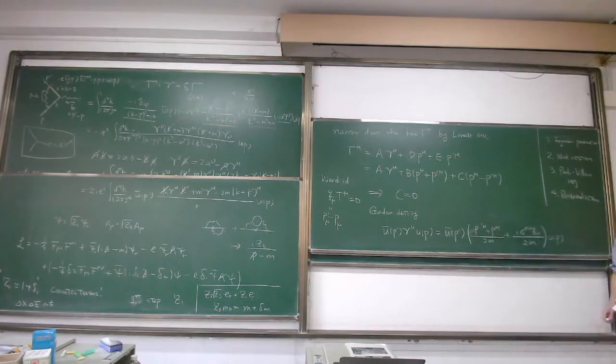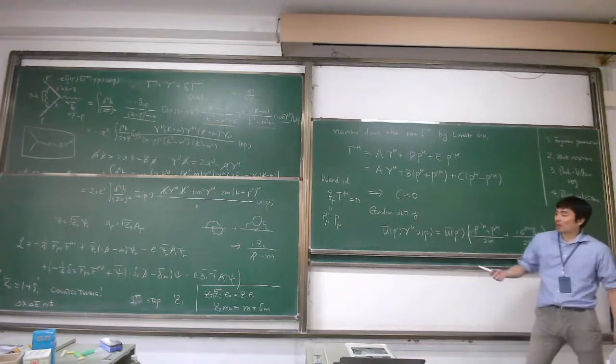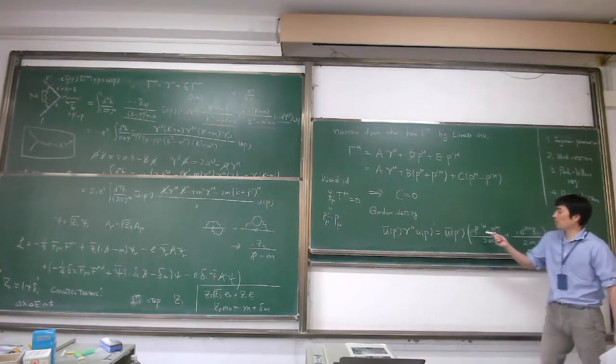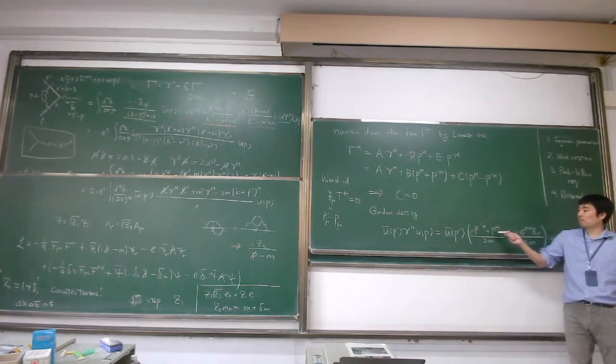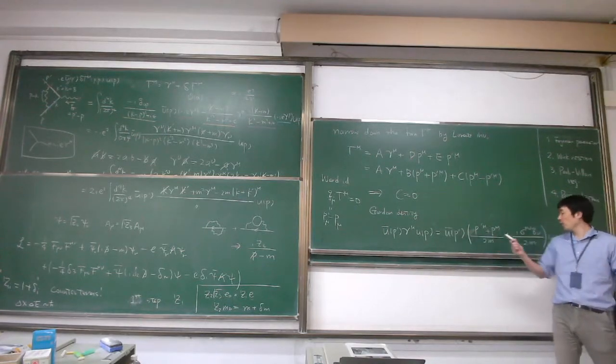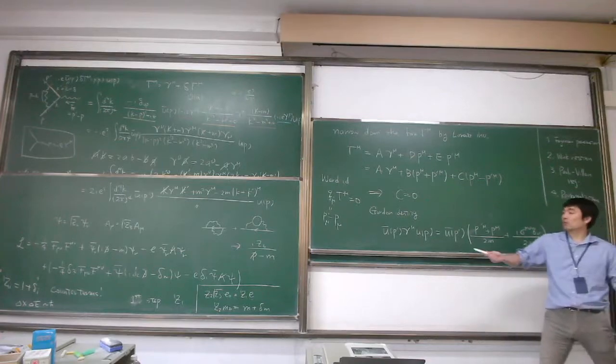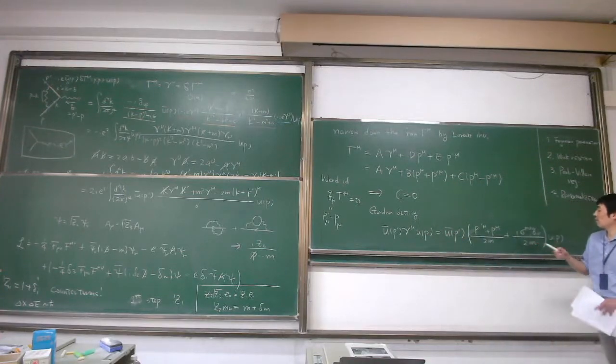So this is the so-called Gordon identity. Therefore, if you sandwich (p'+p) between ū and u, it can be written in terms of γ^μ and σ^μν.